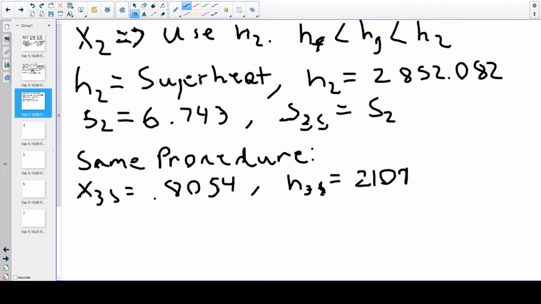And so once we found X3S, we went to H3S, and then we used the turbine equation to solve for H3 actual. And I wrote this one out because the numbers change and it could be confusing, so this is what it would look like going through the second stage.